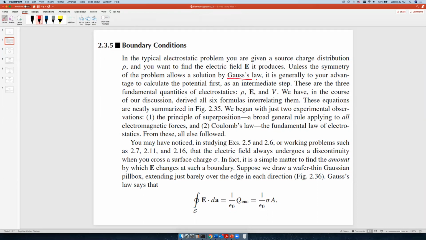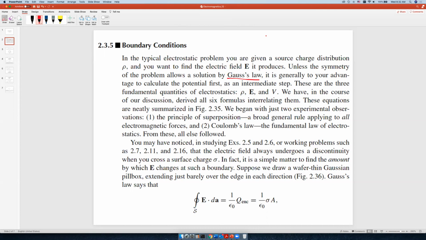For example, if you have a spherical charge distribution, or a pillbox, or a cylinder, that is a perfectly symmetric shape, and Gauss law will bring you a lot of convenience.